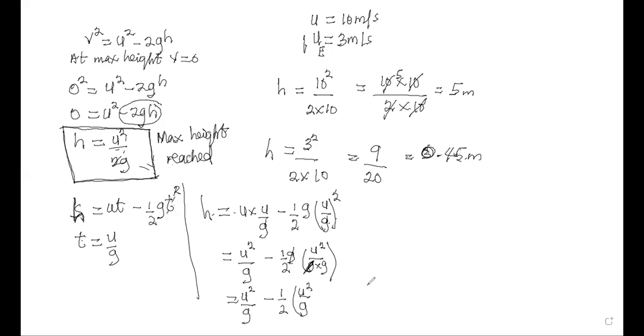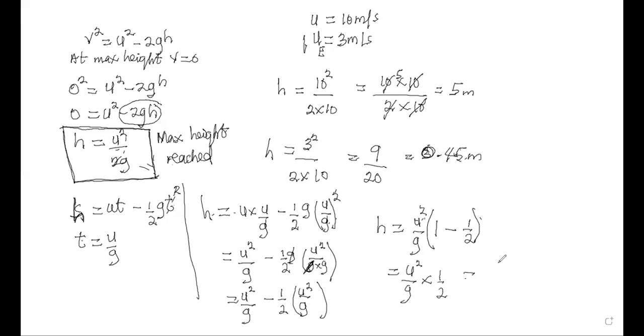In fact, we can factorize out U squared over G. So we have H is equal to U squared over G times 1 minus half. What is 1 minus half? Half. This is times half.